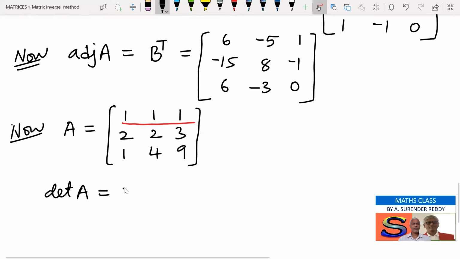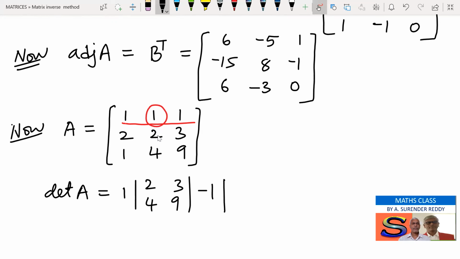So 1 into the remaining 4: 2, 3, 4, 9. And for this, we have to change its sign. That's why I am putting minus.